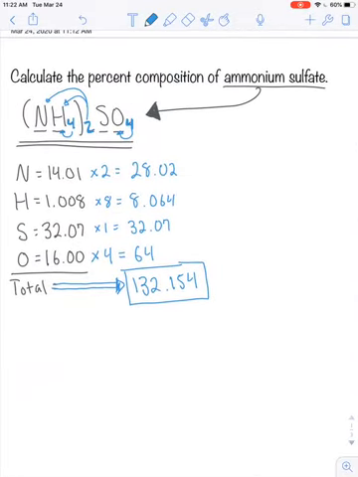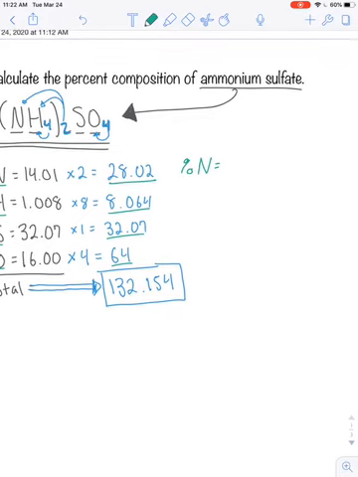But we actually already did that. Each of these numbers are telling us the individual masses of each of the elements. So if we want to figure out our percentage of nitrogen, all we have to do is take that number we just figured out, 28.02, divided by our total, which is 132.154, and we're going to times that number by 100. 28.02 divided by 132.154 times 100 is going to give us 21.2.